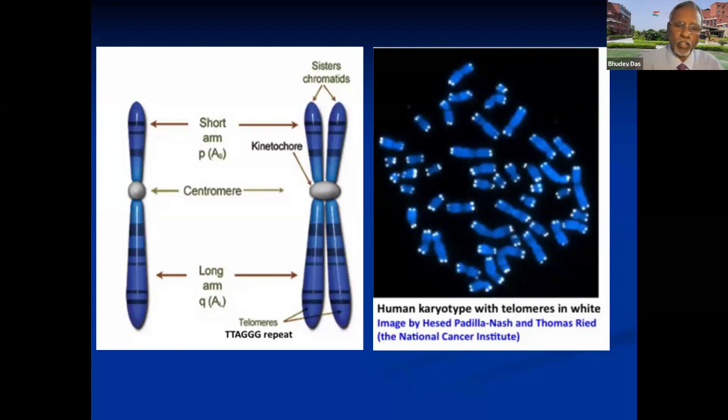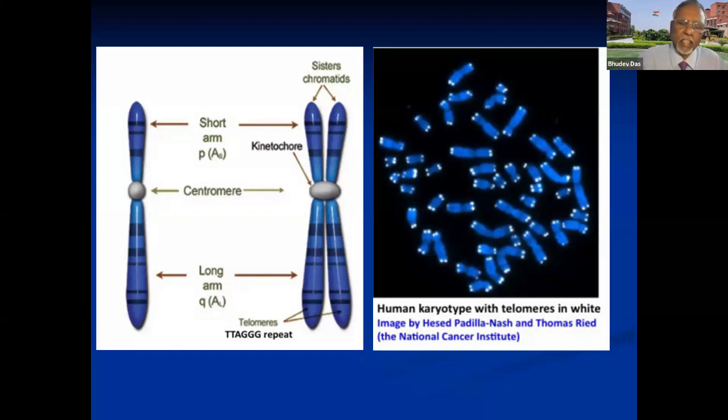But the most beautiful thing is that the 46 chromosomes cannot merge together to become dicentric or any other different chromosome, because they are protected by the telomeres, which act as a cap on the chromosomes.